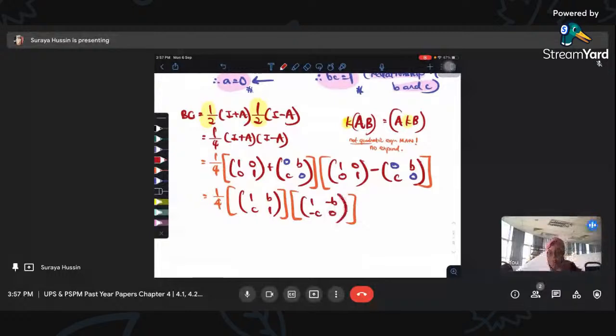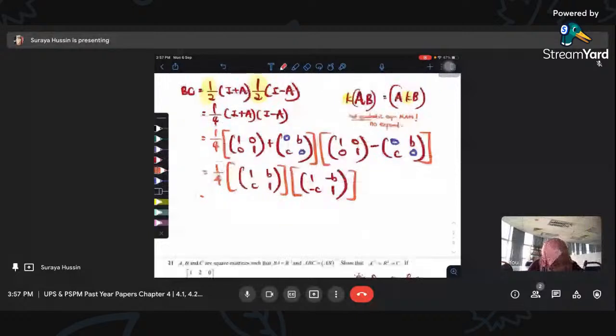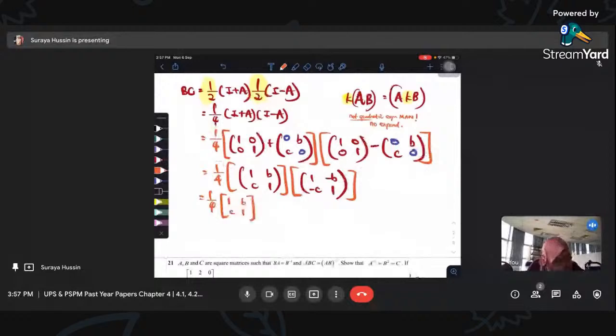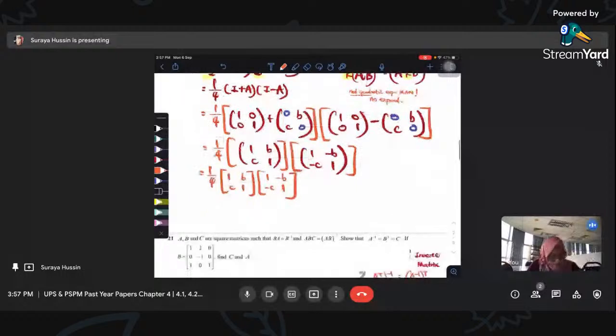Wow, this time there are negatives. Can I simplify it a bit more? If I don't want many brackets it's fine, because it is already very simplified. So 1, B, C, 1 together with 1, negative B, negative C, and 1. And so I can now start to solve this part.